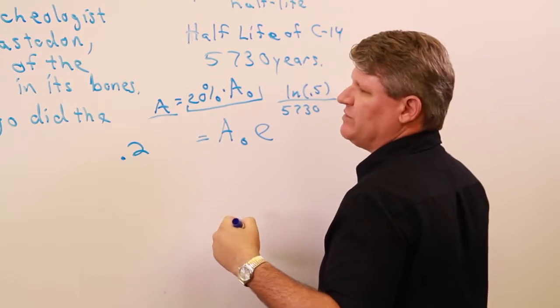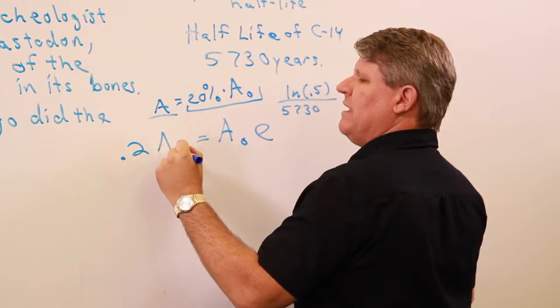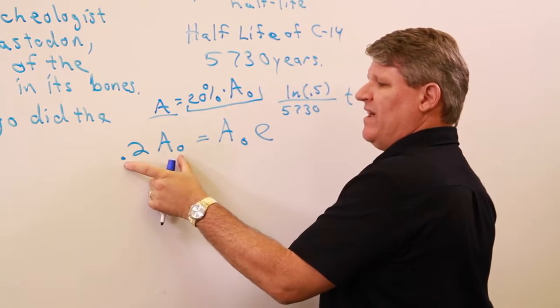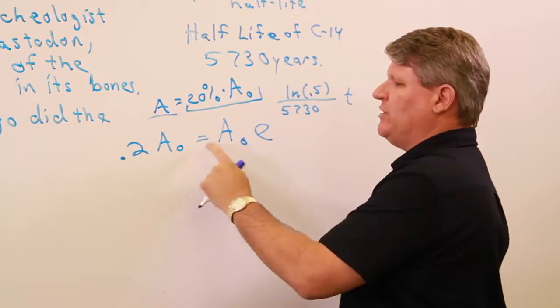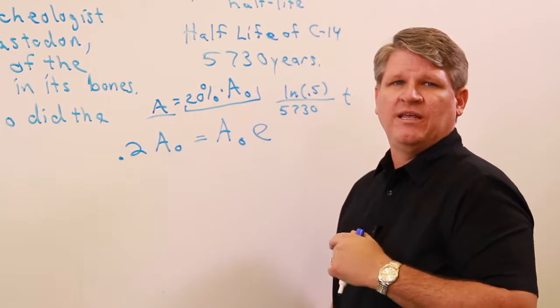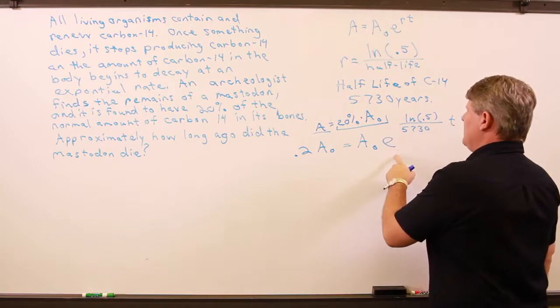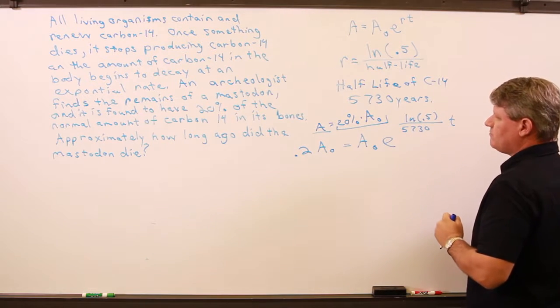We need to convert 20% to a decimal. So 0.2 A0 is our A. Our final amount is 0.2 times A0. Our initial amount is A0. I don't know what either one of those amounts are, but as we're going to see in a minute, it doesn't really matter. E to the natural log of 0.5 times T.